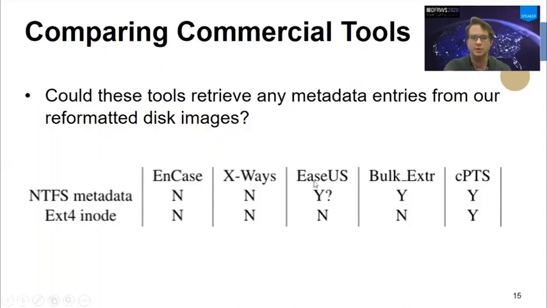I suppose the question mark is here because it's not open source, so we don't know how it works and how it found these entries. The bulk extractor could also obtain the Ntfs metadata entries, but these other tools really didn't deal very well with finding the inodes for these text files in the ext4 experiment, whereas our tools could work to some extent.